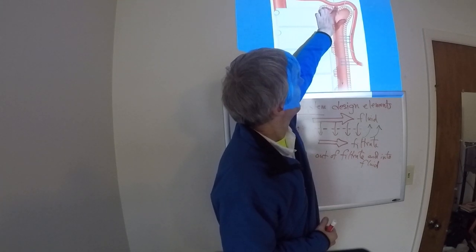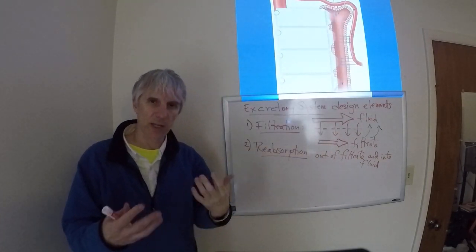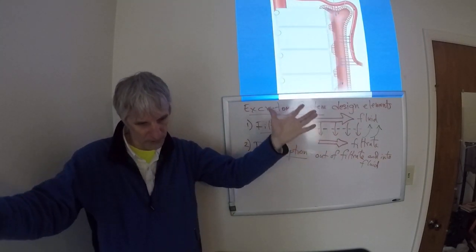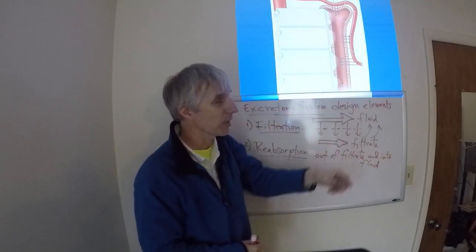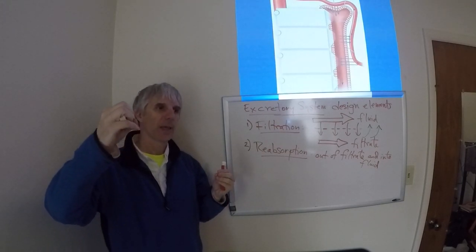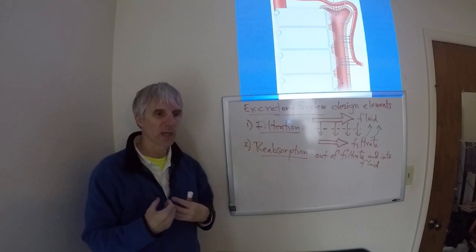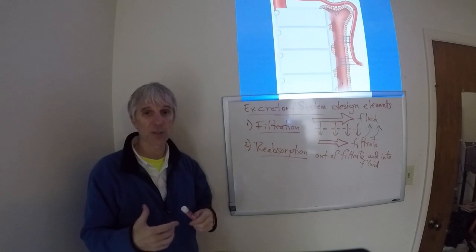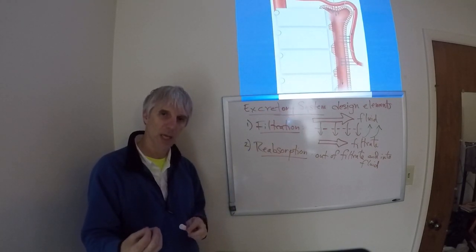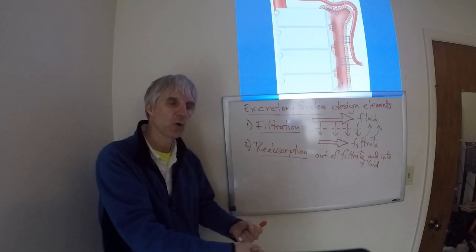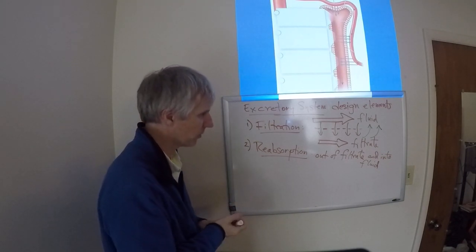So here's my filter. It's these tiny holes in this fenestrated capillary. Material comes out of it if it's small enough, but I still have this step here that requires an epithelial layer that's doing the movement across the epithelial layer into the filtrate. And then for reabsorption, I'm using the epithelial layer to move things from the filtrate to the fluid.